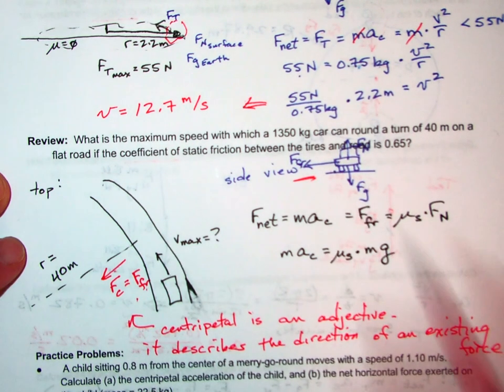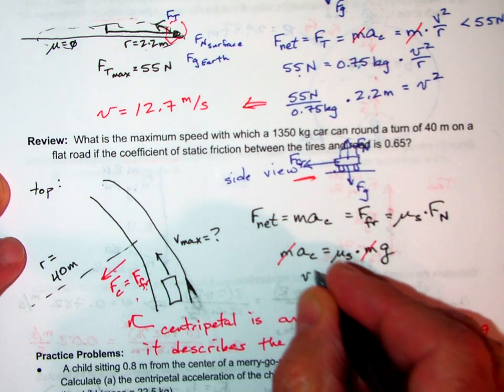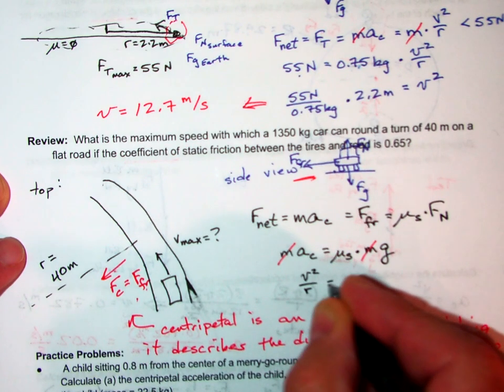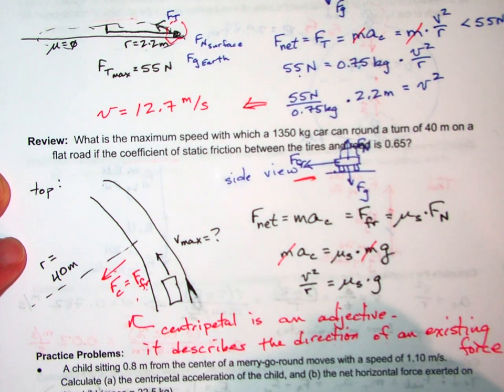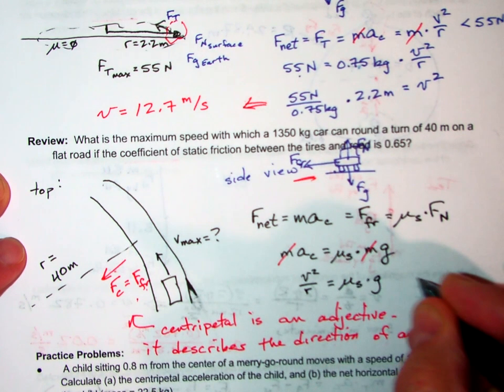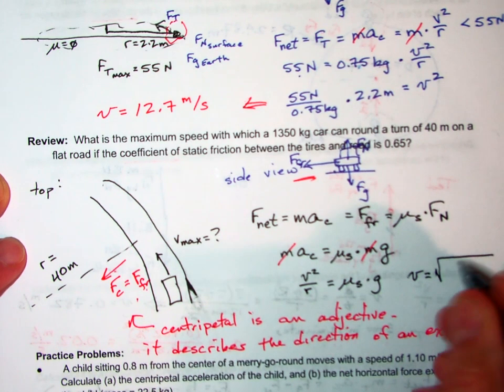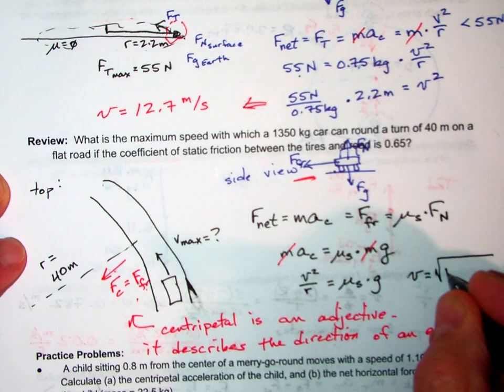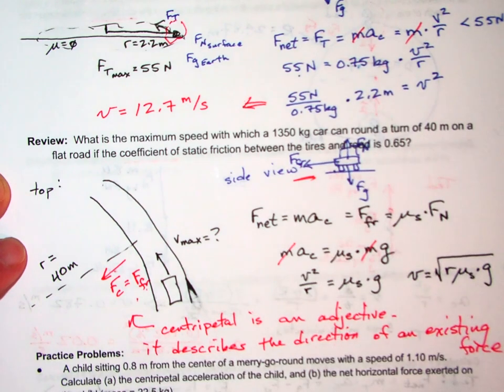In this case, I can simply cancel the mass. And what I've got is maximum velocity squared over r is equal to the coefficient of static friction times g, or the maximum speed, v, is equal to the square root of r, coefficient of static friction, times g.